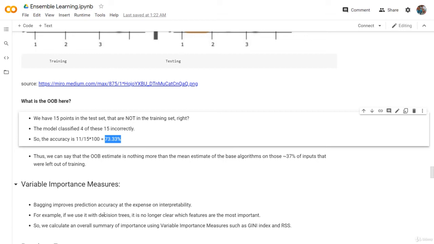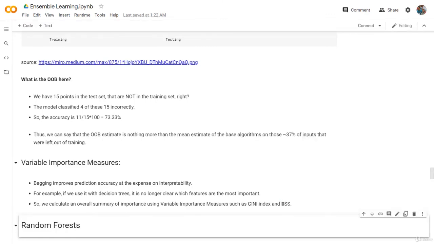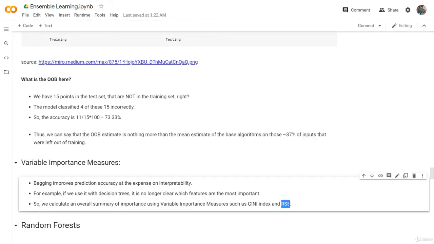For example, if we use the bagging idea with decision trees, it's no longer clear which features are the most important. So we calculate an overall summary of importances using variable importance measures such as the Gini index we discussed before, or the RSS, which is short for residual sum of squares. We calculate the residual sum of squares for regression and the Gini index for classification. This is how we can know what are the most important features.